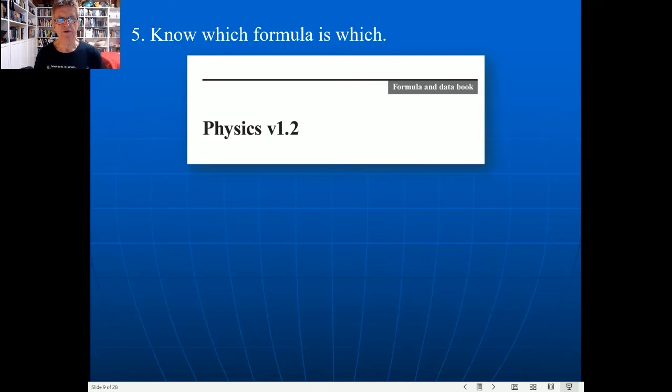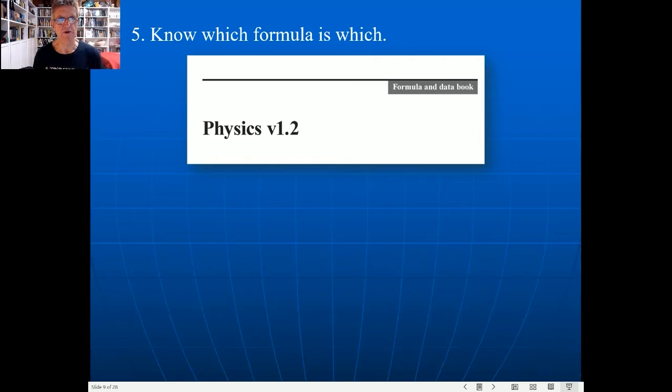Now, knowing which formula is which is another important one. Students often pick the wrong formula. They think they're getting the right formula, but it's the wrong formula. Now, what I do is I print out the formulas, cut them up, and get the students to match the formula with the description of it.